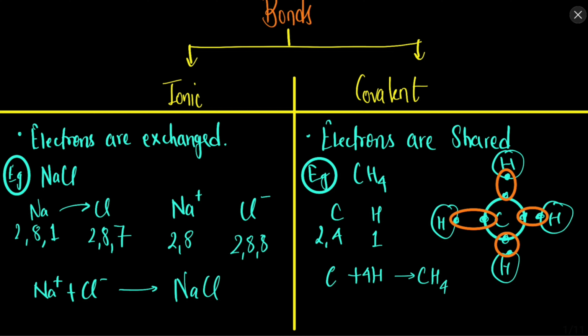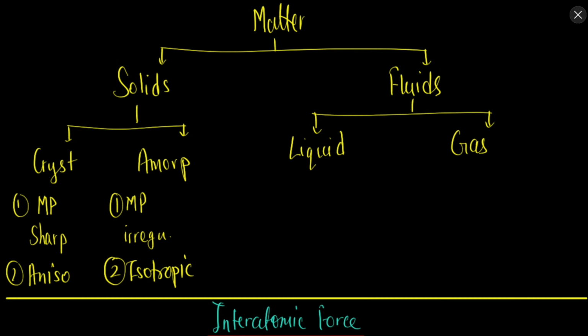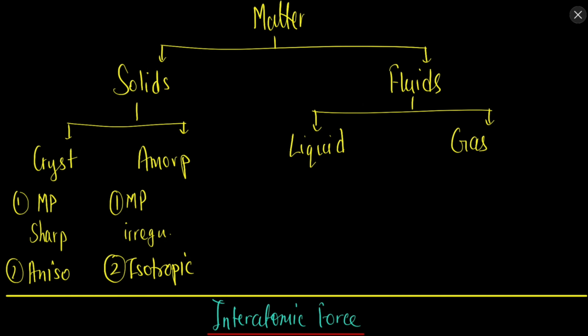So ionic bonding and covalent bonding have different mechanisms working for them. Now we can go to the types of matter: solids and fluids. Fluids, we have discussed, can be anything which can flow. Usually they are liquids and gases. And solids can be further divided into two parts: crystalline solids and amorphous solids.